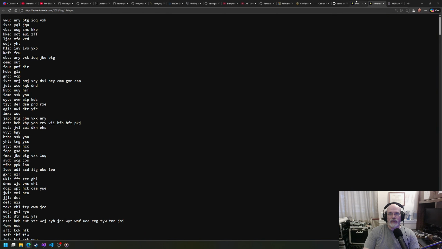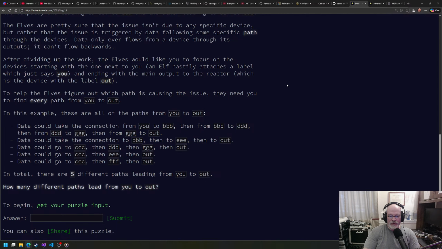again, without knowing graphs and not knowing how you can minimize paths, and where you can go. But we're not trying to minimize. We have to literally find every path.